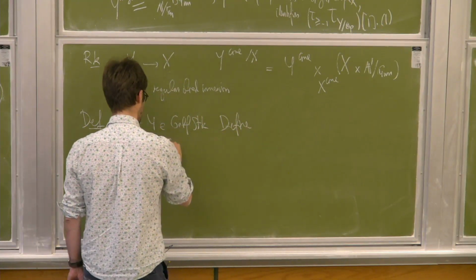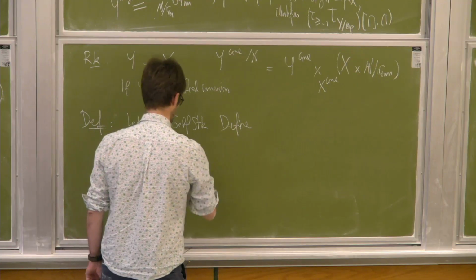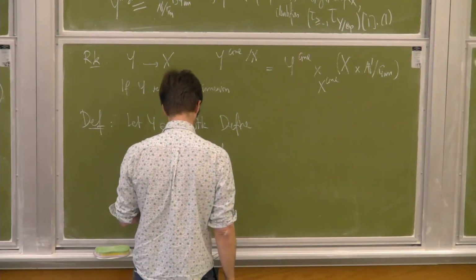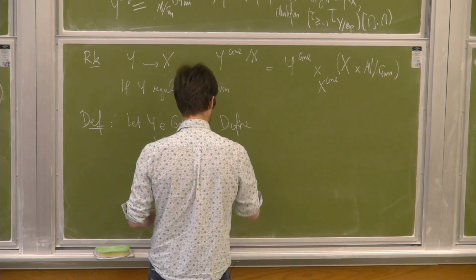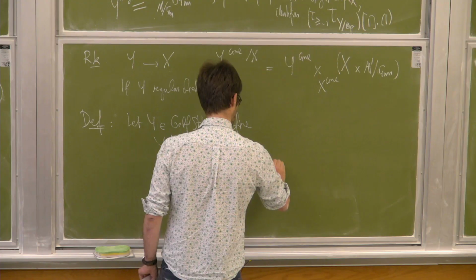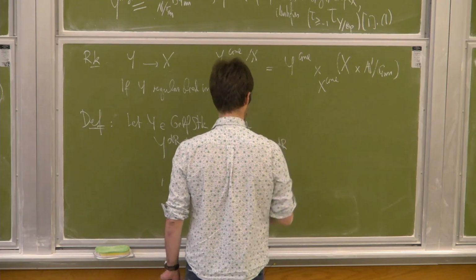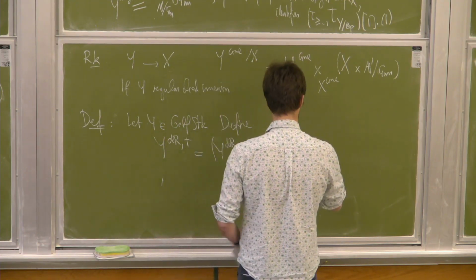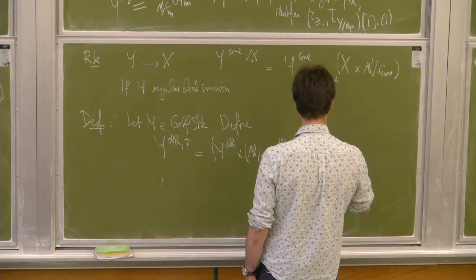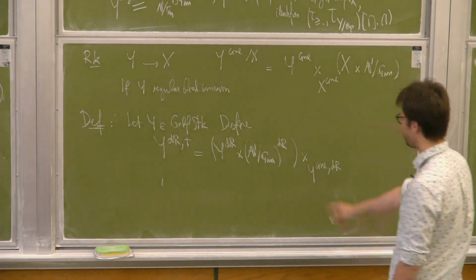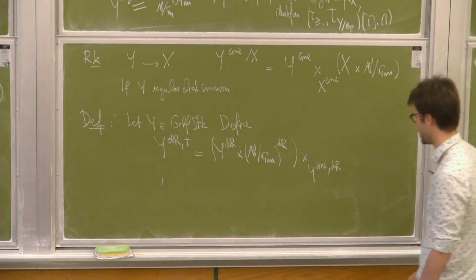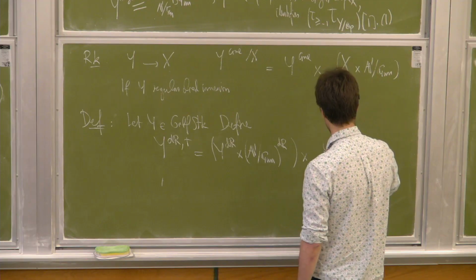You define y de Rham plus, called the filtered de Rham stack, as follows: you take the de Rham stack of y, the de Rham stack of A^1 mod G_m, and, as I said, there is a map from y times A^1 mod G_m to y cone. I take the induced map on de Rham stacks, and I just base change it to y cone.